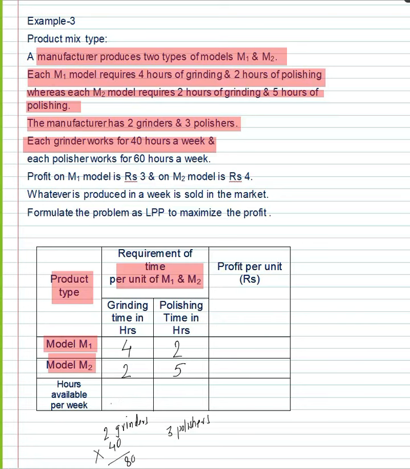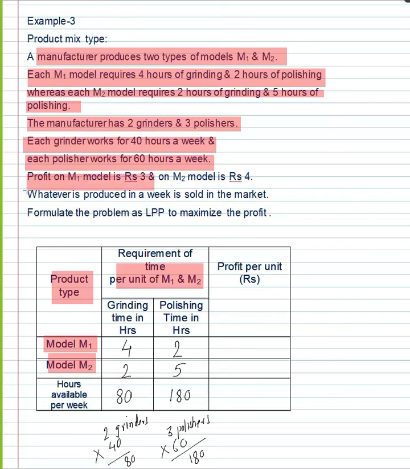So grinding time available per week is 80 hours. And each polisher works for 60 hours a week, and there are 3 polishers. So 3 polishers will work for 3 into 60, that is 180 hours in a week. So polishing time available is 180 hours.